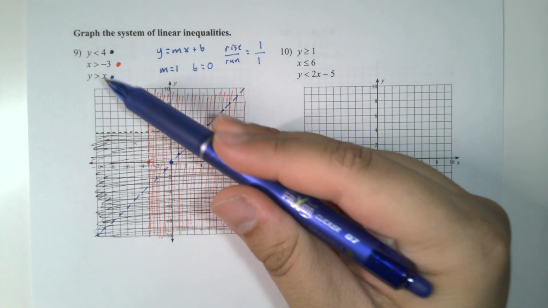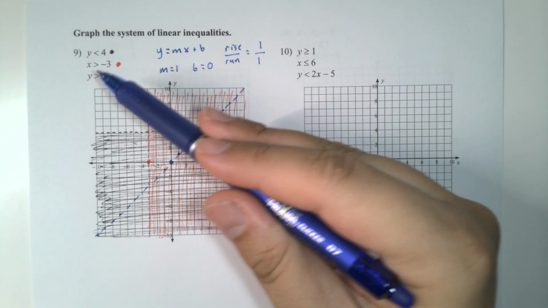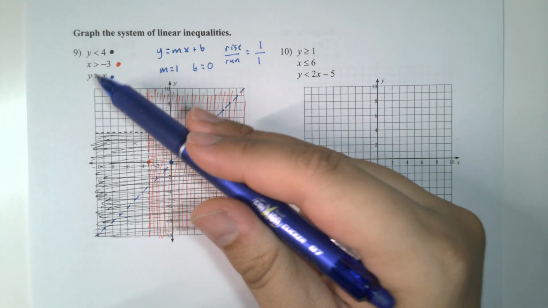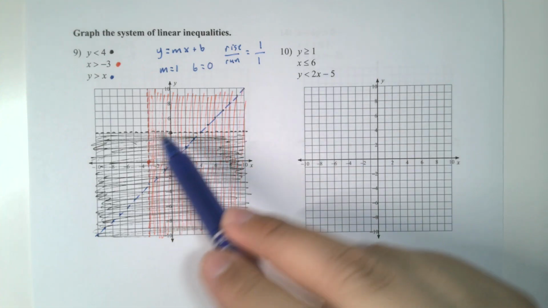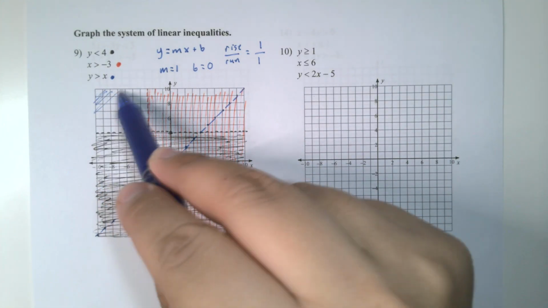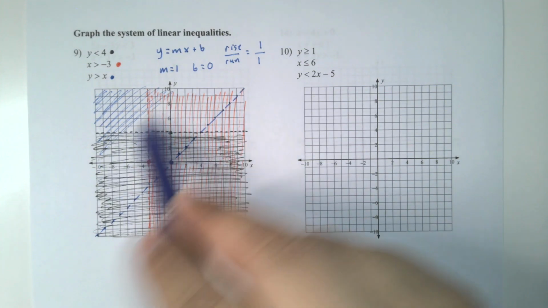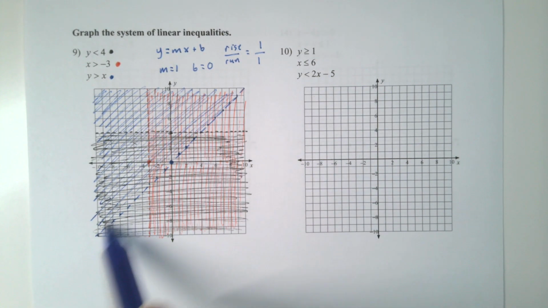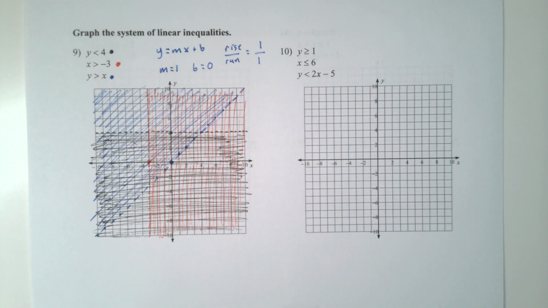And because this is y is greater than x, thankfully anytime we're dealing with y isolated like this, greater than is just going to shade above. And so it's going to shade everything above like that.